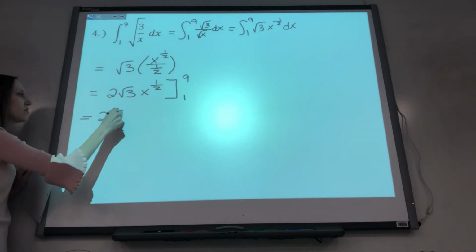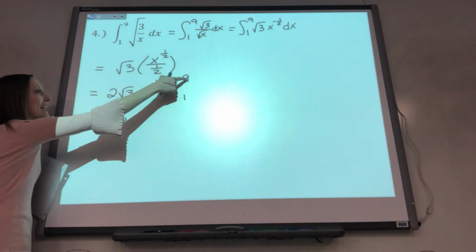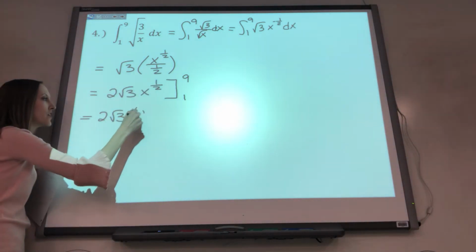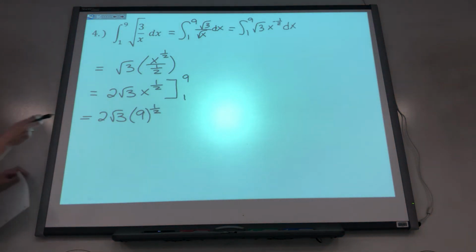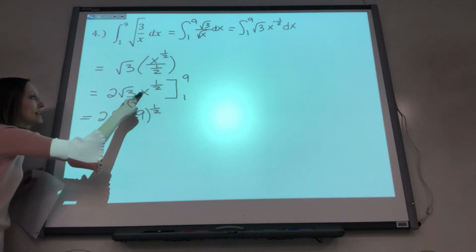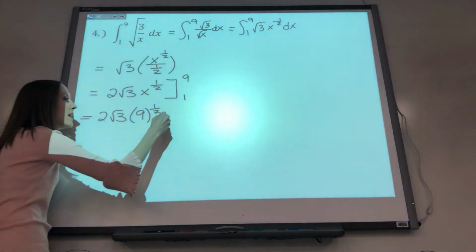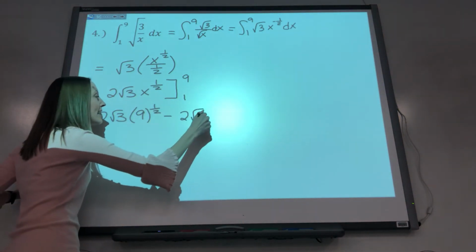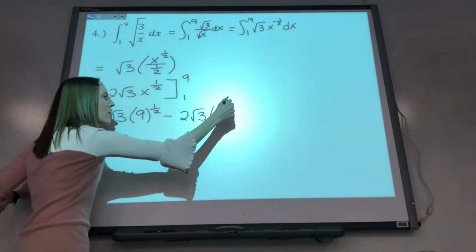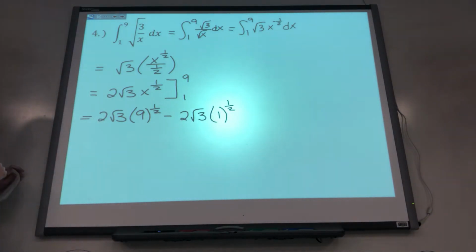Now, think about plugging in the 9 first. I'm going to show all of my steps here so you can see exactly what's going on. I replaced x with 9, then I subtract and I replace x with 1.